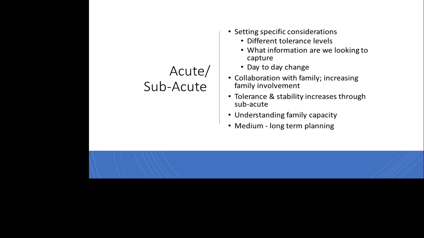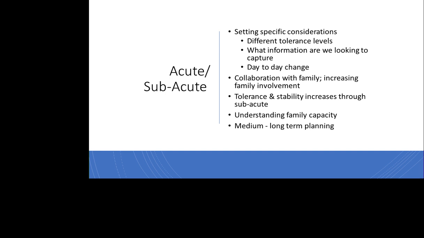And the information we're looking to capture may well change on a day-to-day basis, because recovery and change in the individual may well be so rapid. And at this point, we're really thinking about how can we collaborate with the family and optimize our time with that individual.